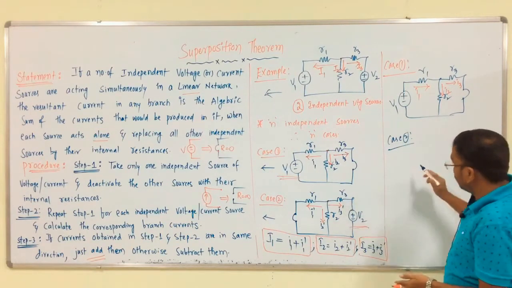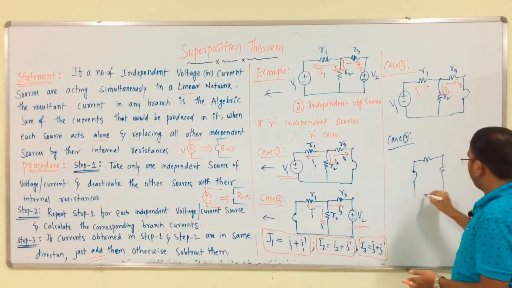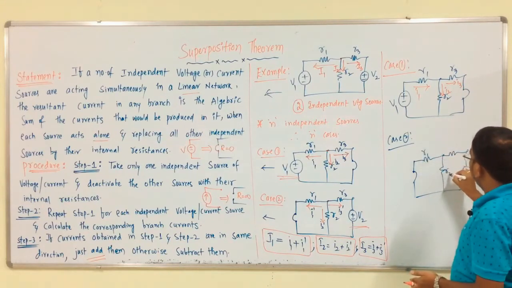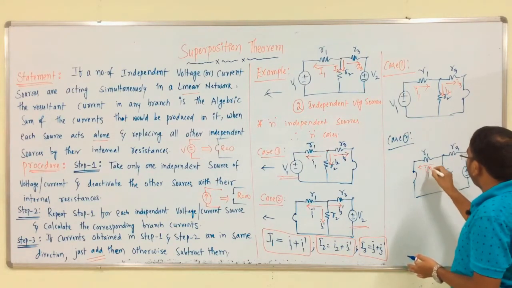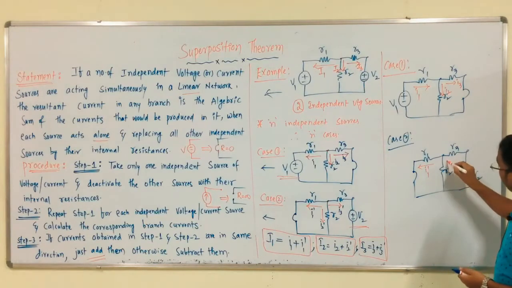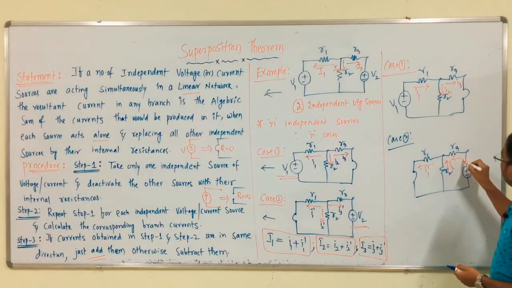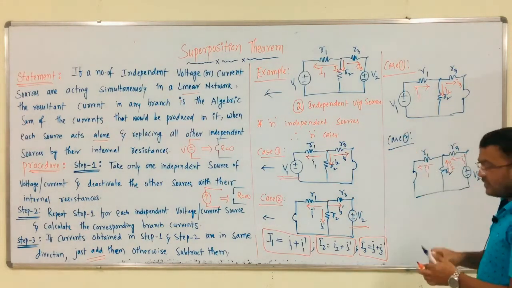Now, this circuit should be, in this case I am considering, for example, like this I1 dash, okay, I2 dash is like this, for example, upward direction. Now, I3 dash is towards the node. Then total current is what?